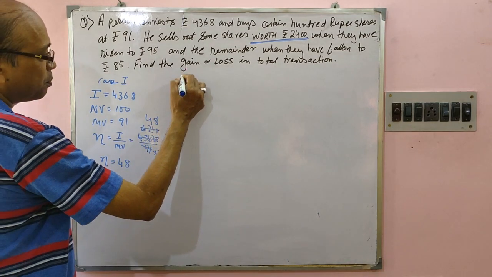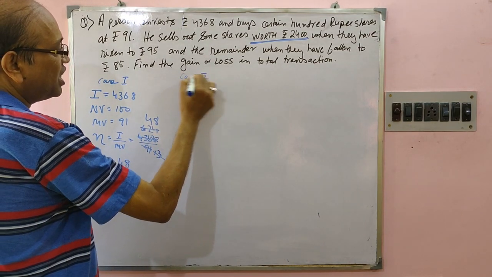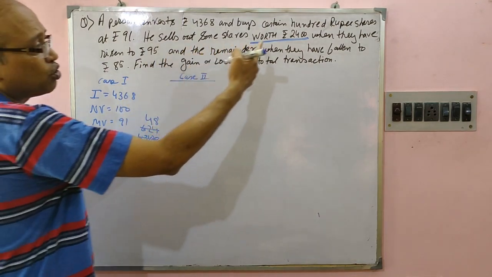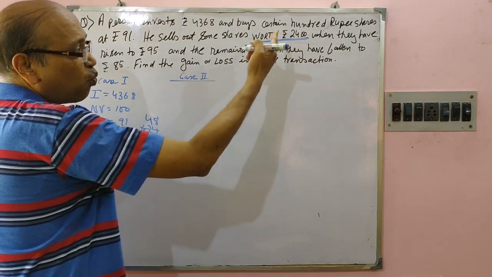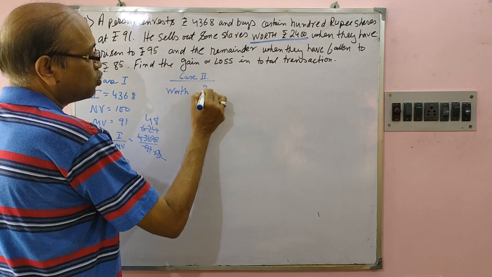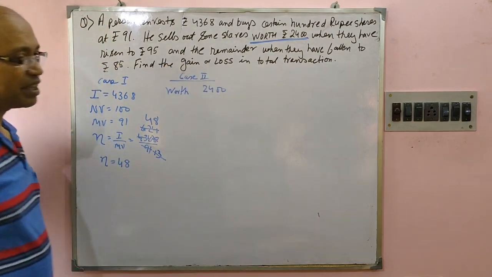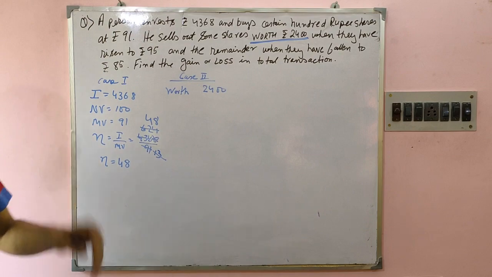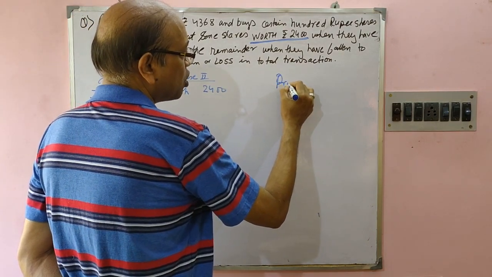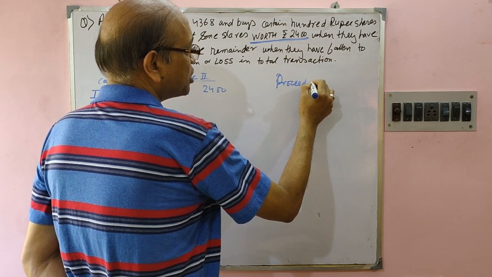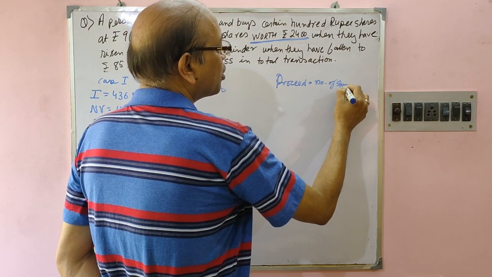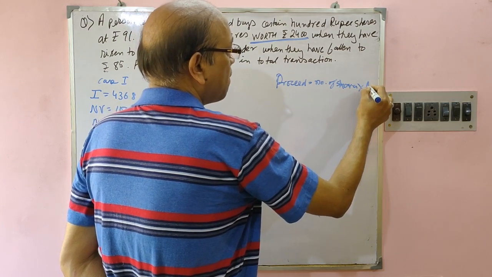Now, case 2. He has sold some shares worth rupees 2400. What do you mean by worth 2400? One thing we have understood is called proceeds. Proceeds means number of shares into market value.